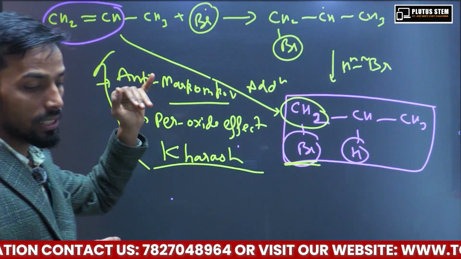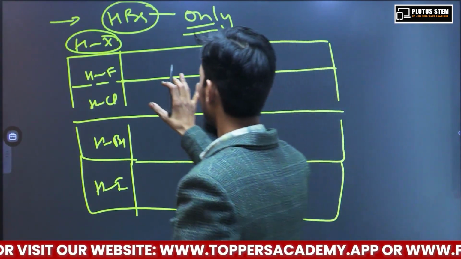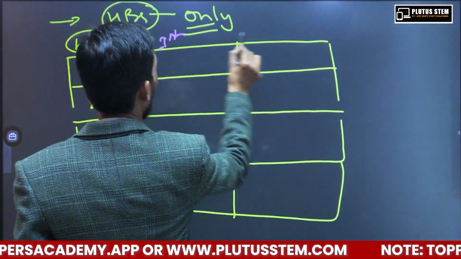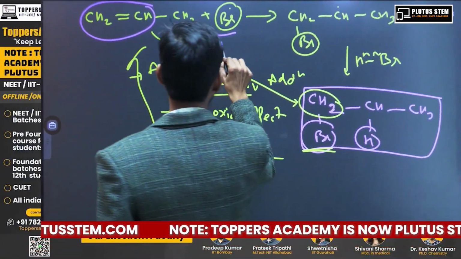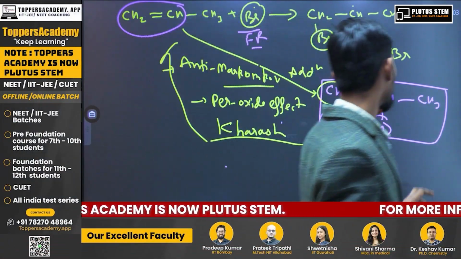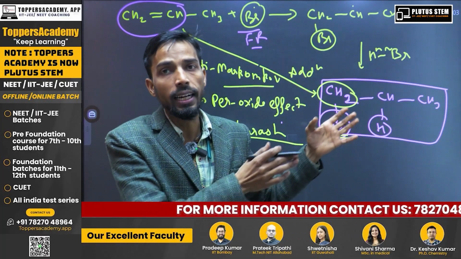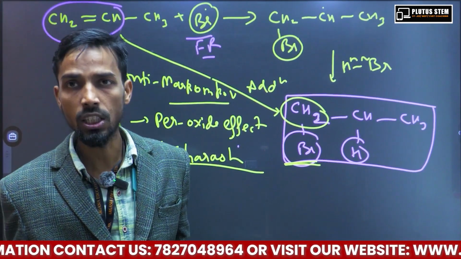This Br free radical is highly reactive. So in the first step, a free radical is attaching to this alkene. If you see this part, a more reactive group is attaching and getting some stability, so what do you think? The reaction is spontaneous, some energy is going to be released.